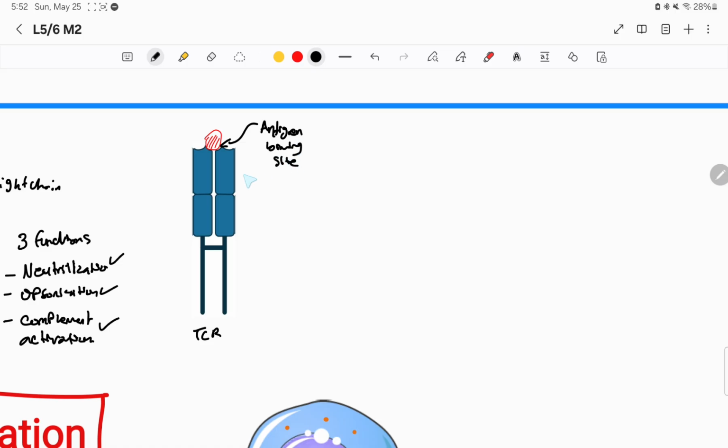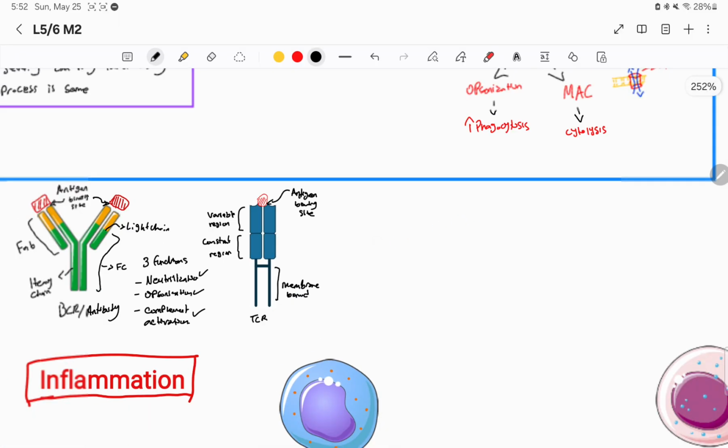It has this region over here, which is called the variable region. And there's a very complicated answer as to why it's called the variable region, so I'm not going to explain that, at least for this video. And then a constant region here, and then of course a region which is membrane bound, because all receptors have to have a membrane portion, right?